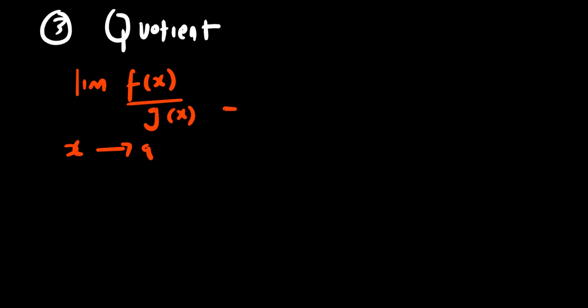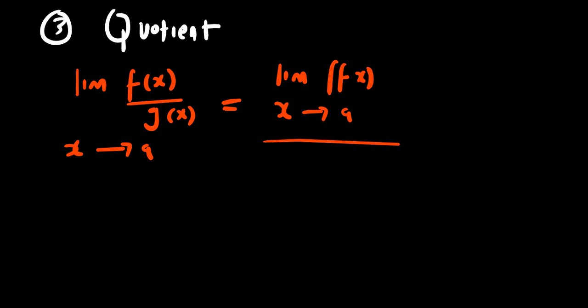You're just going to have the limit of f of x as x is approaching a, divided by the limit of g of x as x is approaching a.